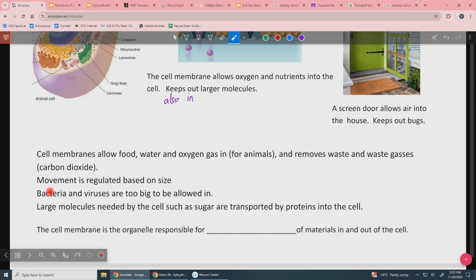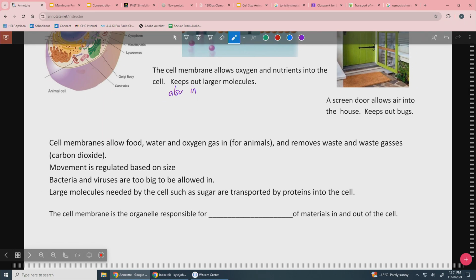So some invaders, like bacteria and viruses, are too big to be allowed in. There are some large molecules that you want, so large nutrients needed by the cell, such as sugar, are transported by proteins into the cell.